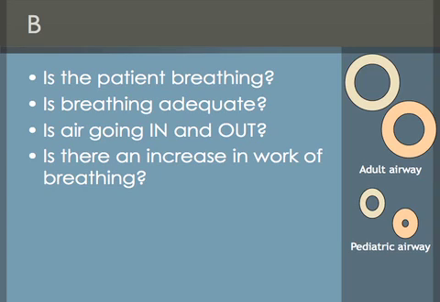Children also, and I've actually never seen this in an adult patient, do head bobbing. They will elongate their airway so that they can actually move air in and out a little easier. Pediatric patients are also diaphragmatic breathers.